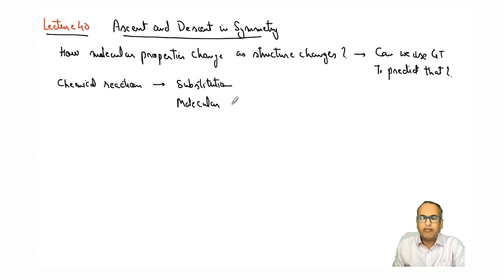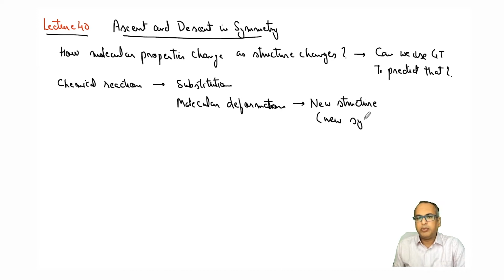Or structural deformation. Structural deformation can also happen due to other reasons and not just chemical reaction, such as a change in conformation. All of this leads to a new structure with a new symmetry point group.